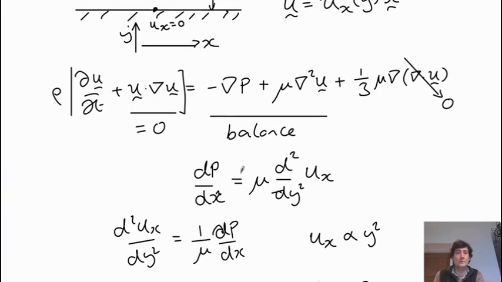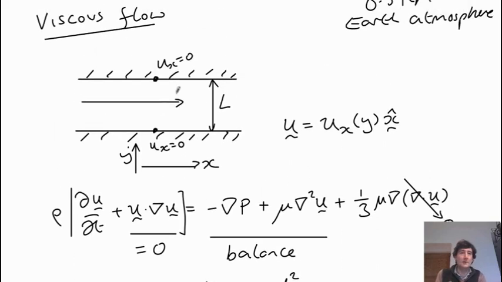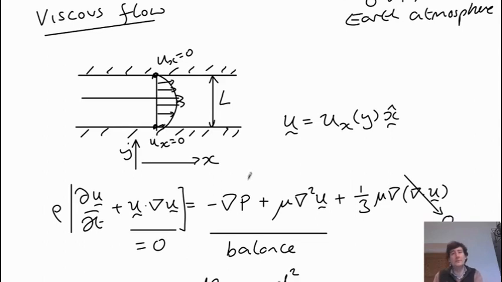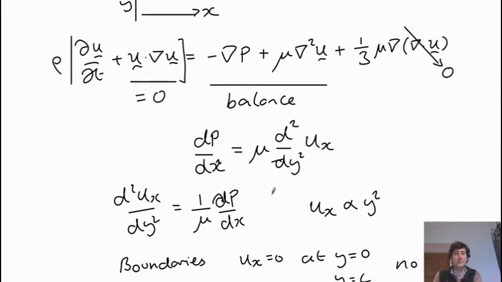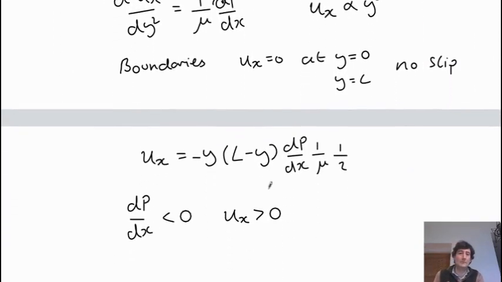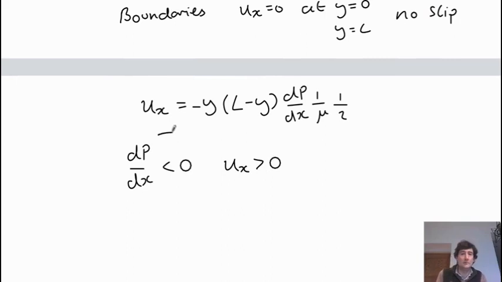Okay, so in this diagram, u has a quadratic form like this. So u is something like this. So it's like a quadratic pinned to 0 at the two boundaries, and proportional to the pressure drop, like this.